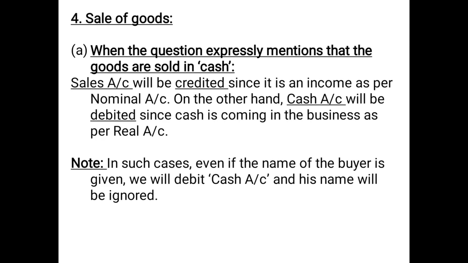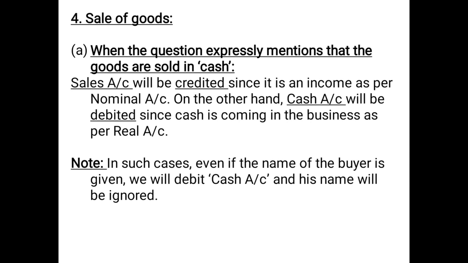As you can see, point number A, when the question expressly mentions that the goods are sold in cash. So what will be the effect of this? Now remember one thing, whenever the goods are purchased, whether in cash or credit or both, irrespective, purchase account is debited because it is an expense for the business. On the contrary, whenever the goods are sold, whether in cash or in credit, irrespective, the term used is sales, and sales account is credited because by selling the goods, the business either receives immediately or will receive later on.